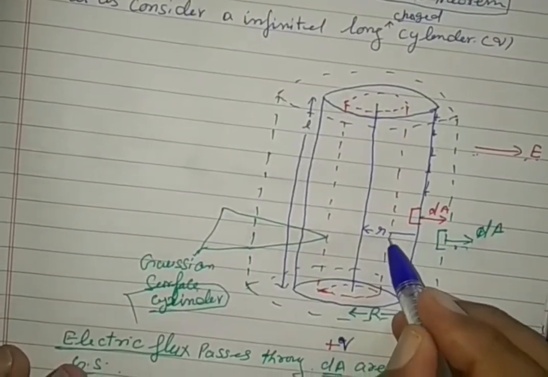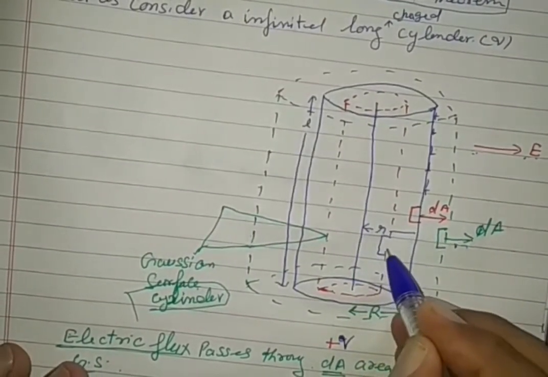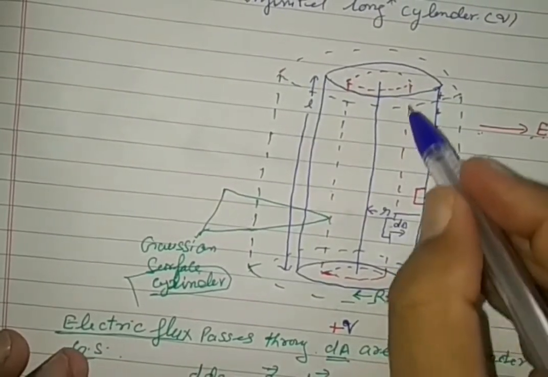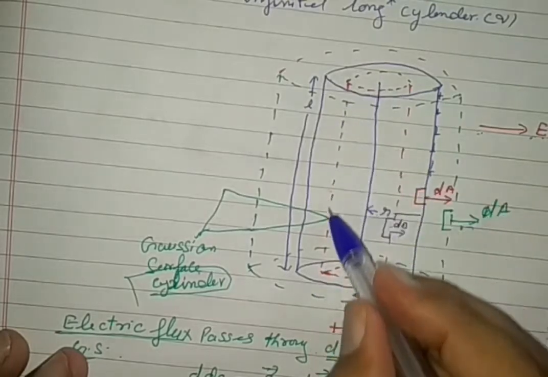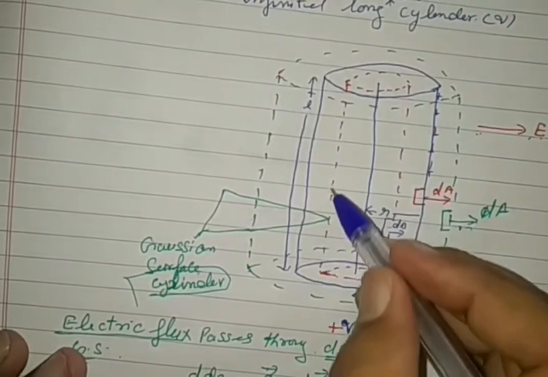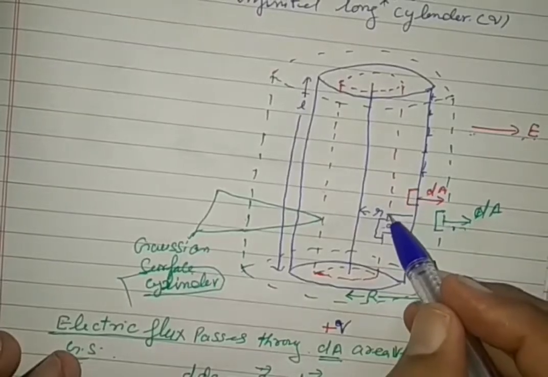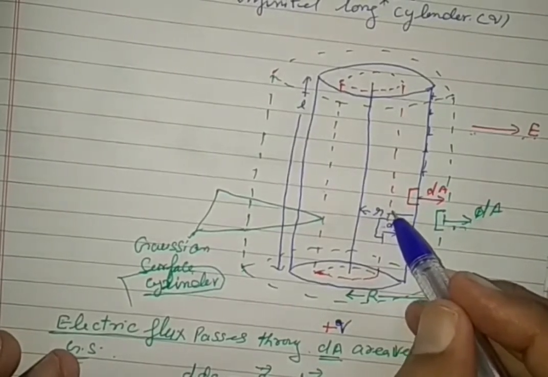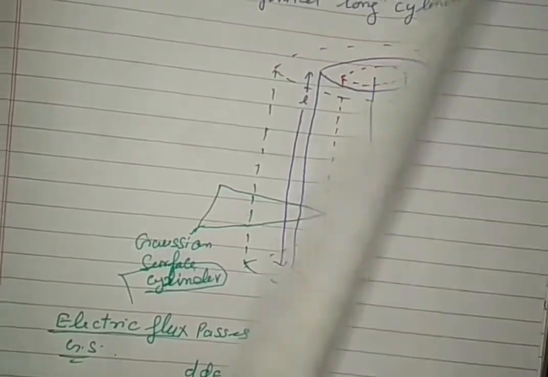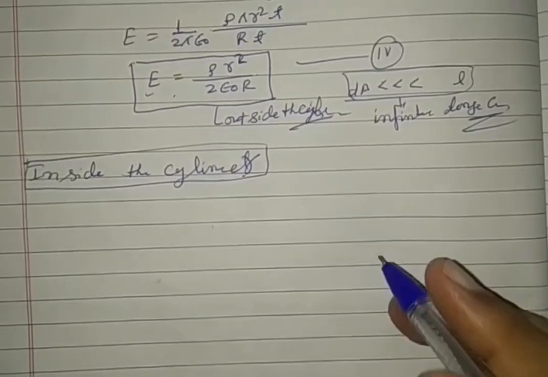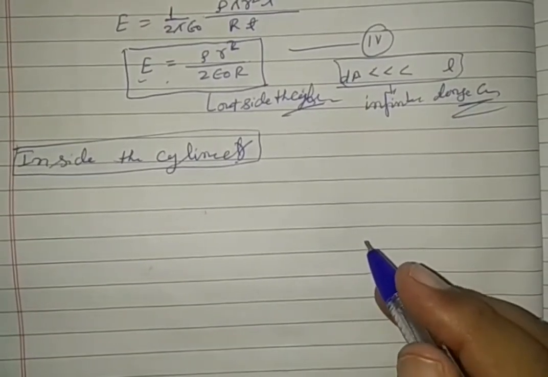When we consider the small surface area dA inside the cylinder, in that condition only this much volume is effective. The outside charge is not applicable to determine the electric field intensity here. So inside this, the cylindrical concept we will keep here in it.